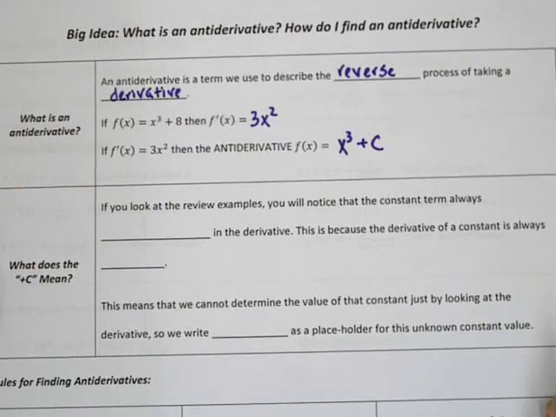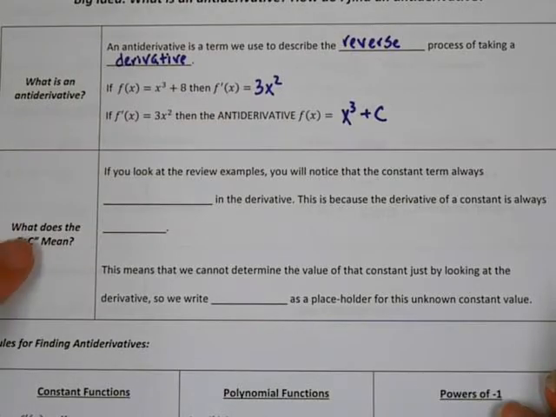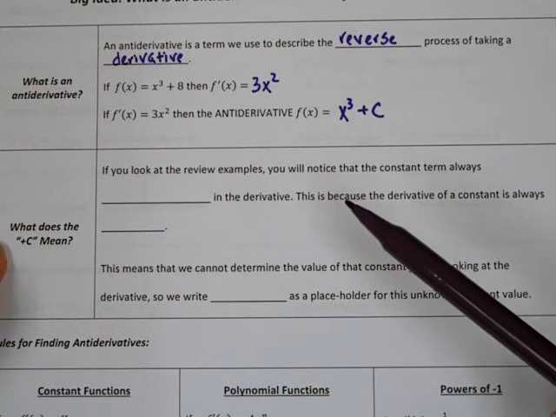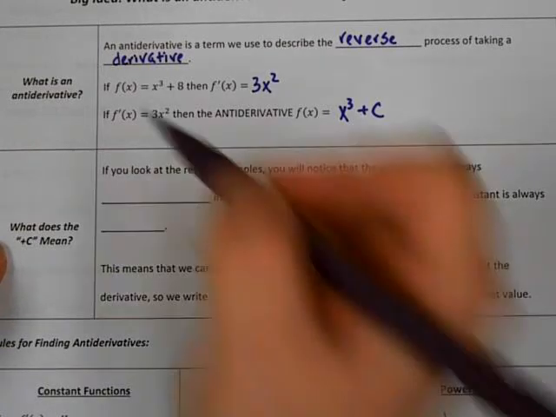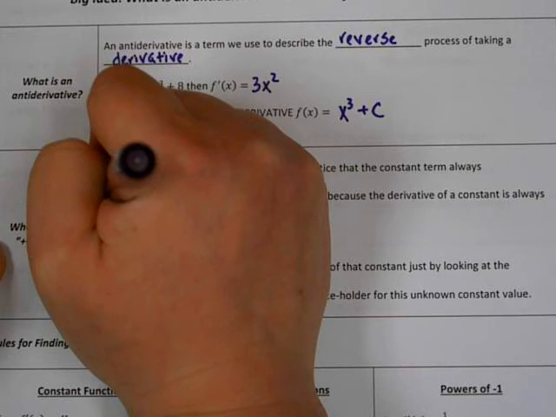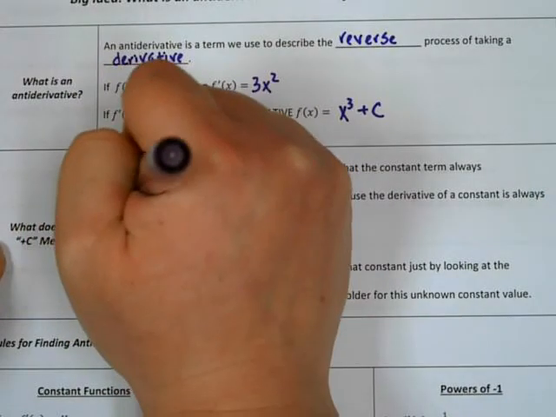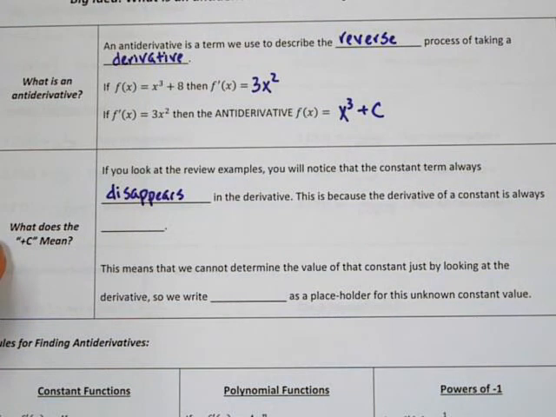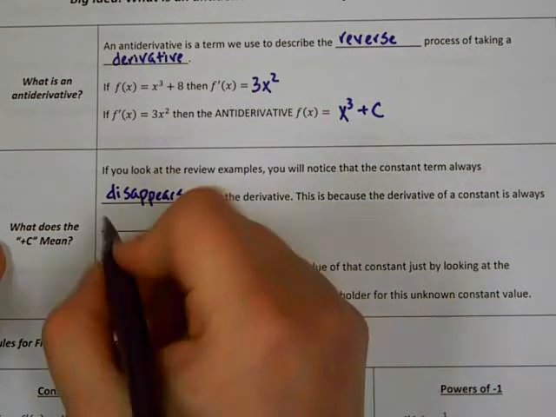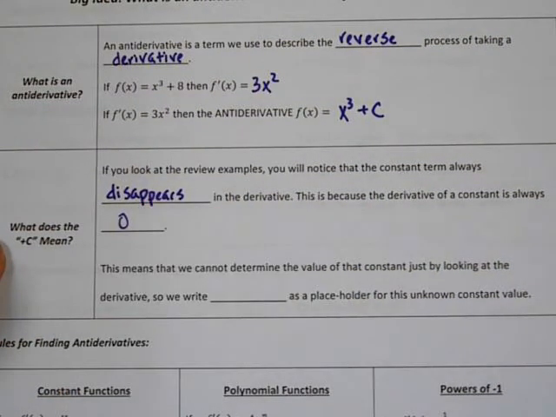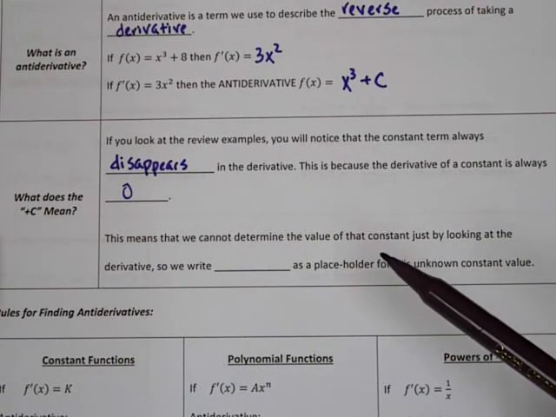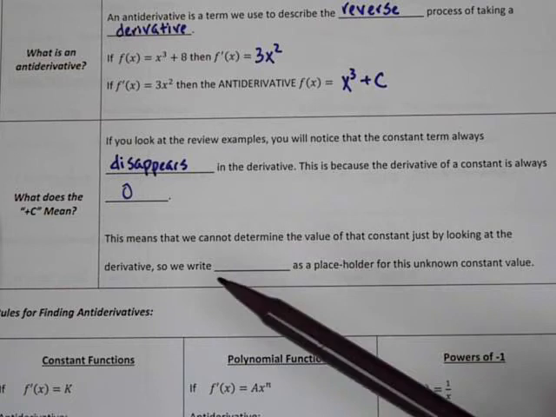All right, so let's talk about what this plus c means. Well, on the last page when we looked at those review examples, I pointed out to you that the constant term always disappears when we take the derivative. That's because the derivative of a constant is always 0. So what this means is we cannot determine the value of a constant just by looking at the derivative.